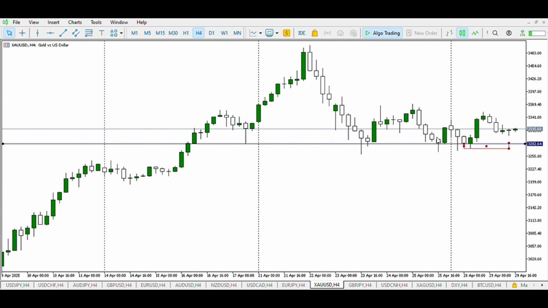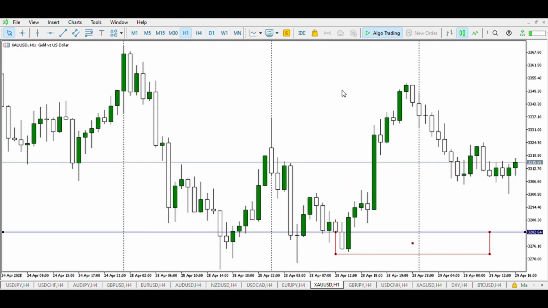Now let's scale down to a lower time frame, and we can see the order block right here. And we can go down to the 15 minutes.